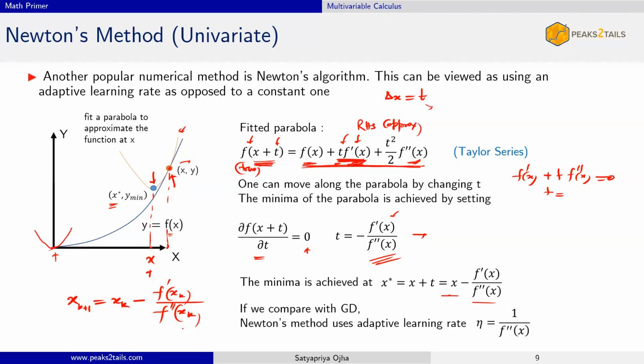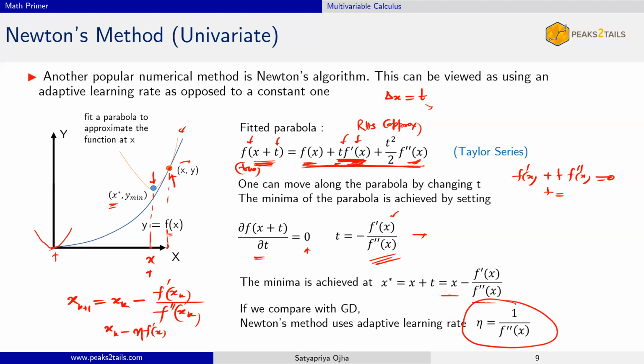If you compare this with the plain vanilla gradient descent that we had, which is xk minus learning rate times f dash x, correct? So this factor, 1 by the double derivative of f at xk, is playing the role of learning rate indirectly. If you compare with the gradient descent algorithm, then the role of eta is being played by 1 divided by the double derivative.